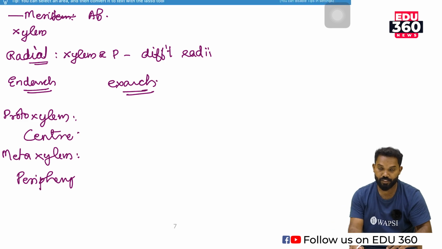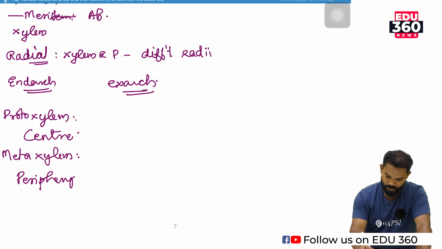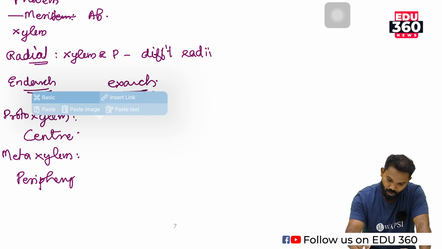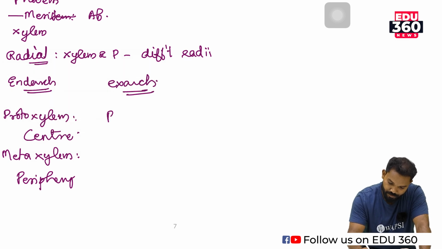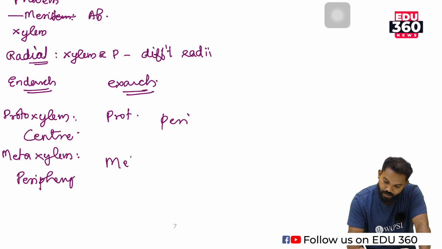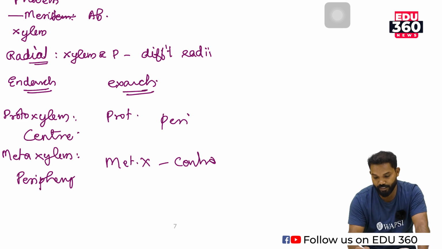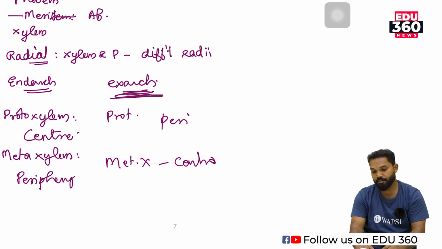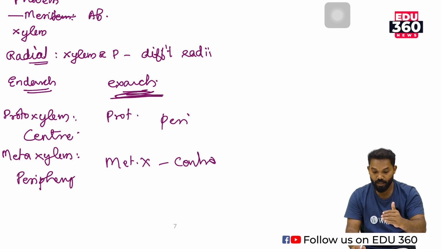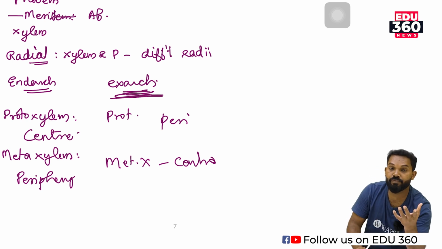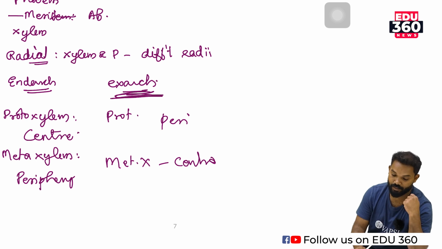Then exarch condition: here protoxylem is towards the periphery and metaxylem is towards the center. So in the case of root, the metaxylem is towards the center and the protoxylem towards the periphery. In the case of stem, metaxylem is towards the periphery and the protoxylem towards the center.